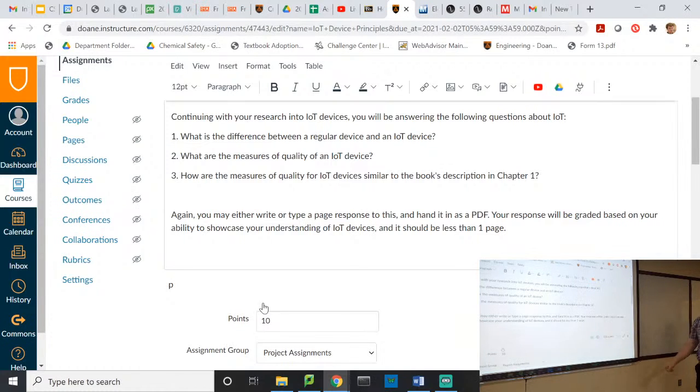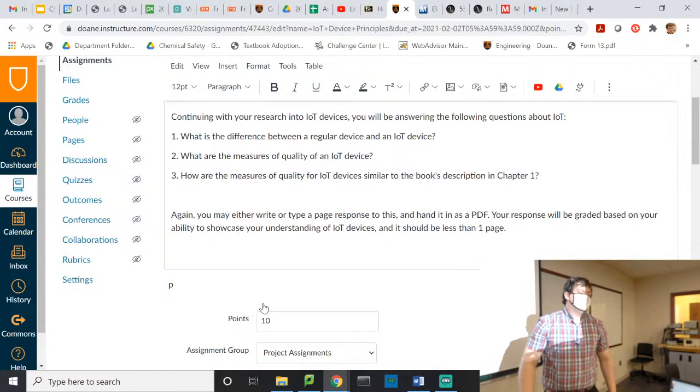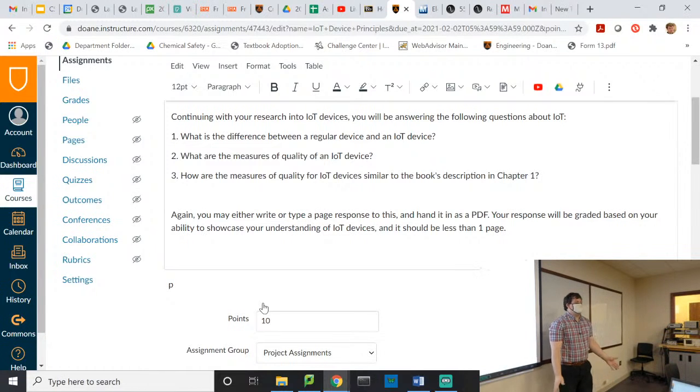So here you have, what is the difference between a regular device and an IoT device? There are differences. IoT devices have requirements and constraints on them that regular devices don't have. And we have talked a little bit about this in our coursework, because I've told you that IoT devices don't require a lot of power, that kind of a thing.